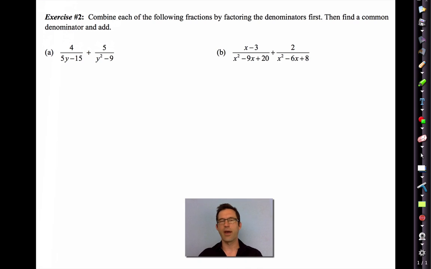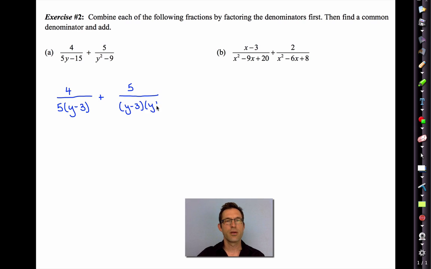Let's take a look at letter A. Okay, now the numerator is just what it is, it's a 4. But the denominator I can write as 5 times y minus 3. Now the second fraction, the numerator is 5, not much there, and the denominator is y minus 3 times y plus 3.